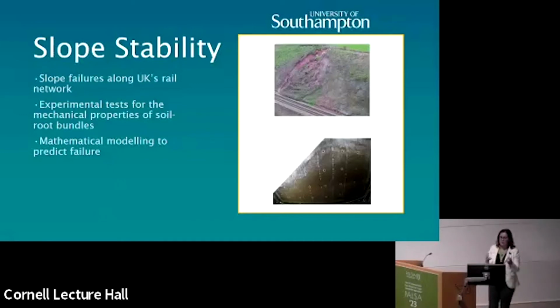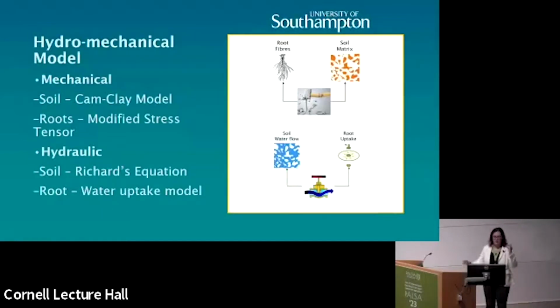So what we are doing is centrifuge experiments with planted soils, but we're also doing shear box experiments in the X-ray CT scanners to separate out what these different mechanistic aspects are: the roots reinforcing the soil mechanically versus the roots keeping the soil particles under tension in terms of water extraction.